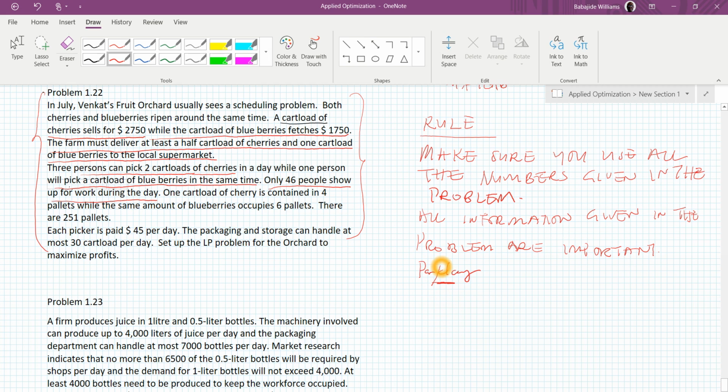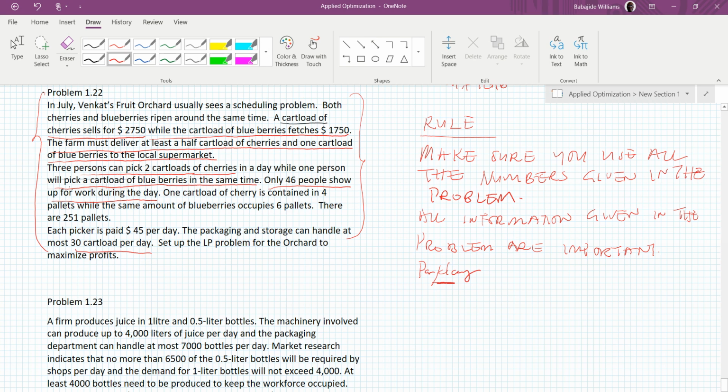One cartload of cherry is contained in 4 pallets, while the same amount of blueberries occupies 6 pallets. There are 251 pallets. Each picker is paid $45 per day. The packaging and the storage can handle at most 30 cartloads per day.